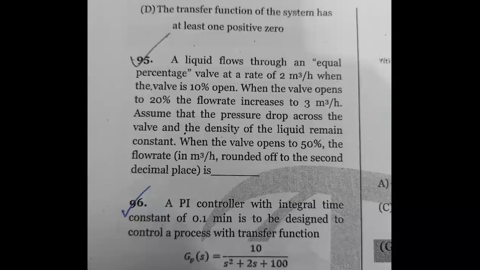Is it clear? So you can go by whichever method is easier for you, right? You can go through the equations or you can use the normal formula, right? Is this method okay? So 10% it is 2, 20% it is 3.